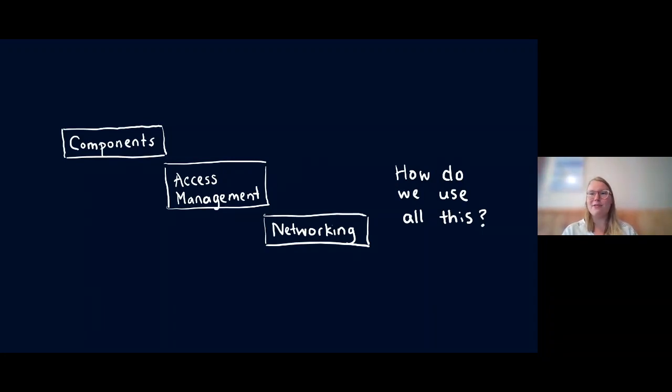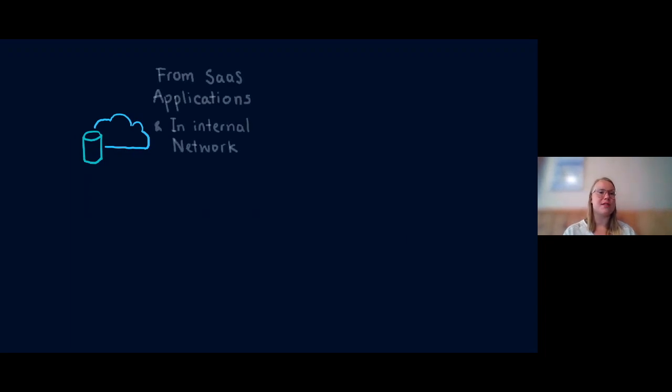Since we don't have a full day for this, we definitely could use a full day for this, but I'm just going to walk through one example, how you might approach looking at that scenario. So we're going to have a scenario where there are multiple data sources, and these are both from SaaS applications and also from internal networks. So some of these data endpoints can be reached via the internet, but some are secured privately.